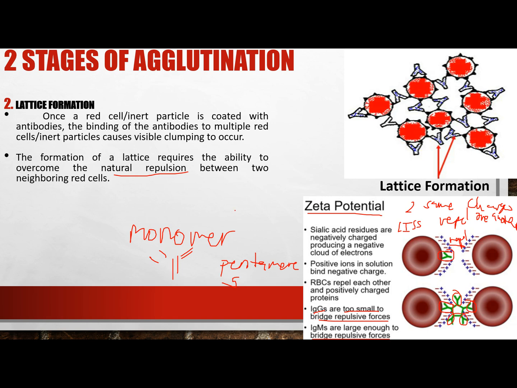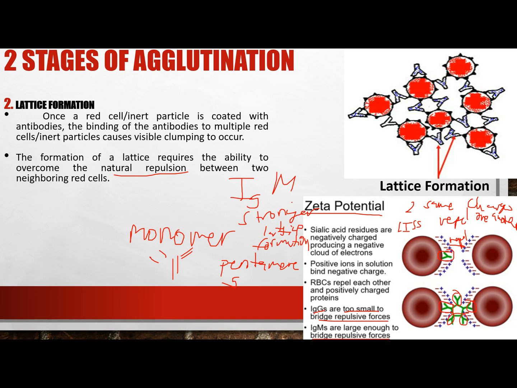So if you're using an IgM type of antibody, there is a stronger lattice formation. So do take note of that.